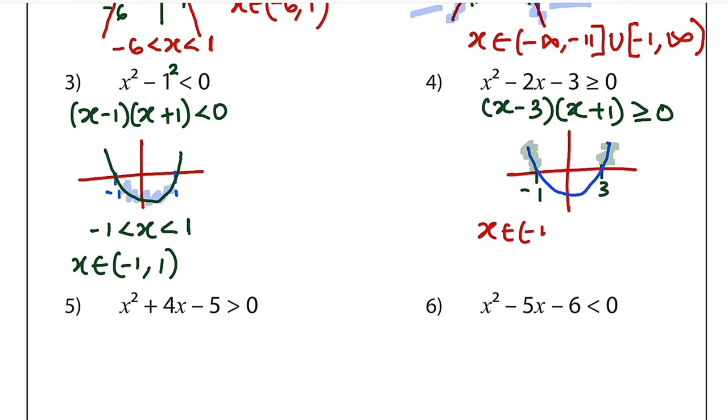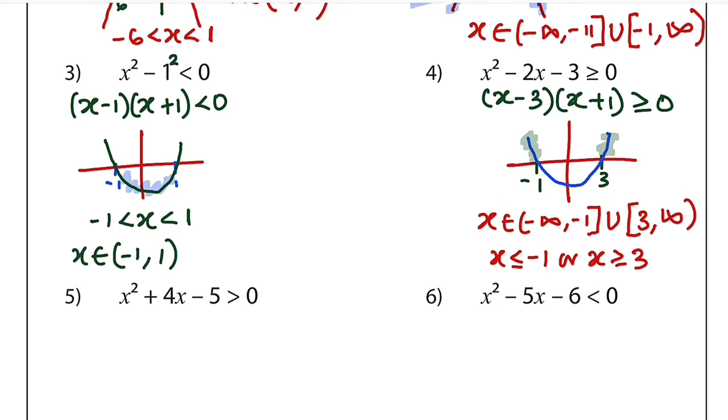From -infinity way down to -1, including -1, union from 3 way down to +infinity. And you can write it as an inequality: x is less than or equal to -1, or x is greater than or equal to 3.